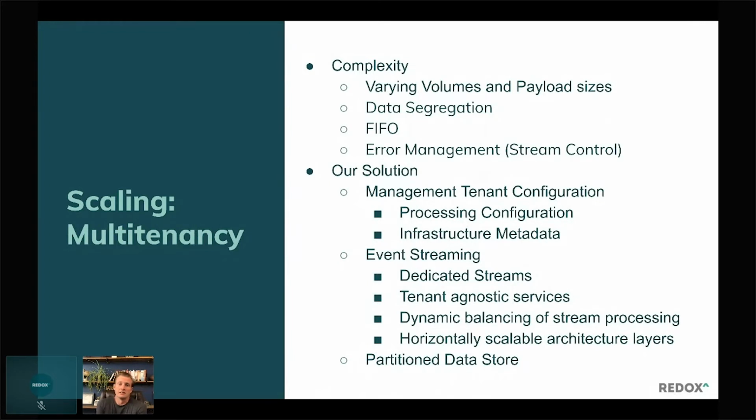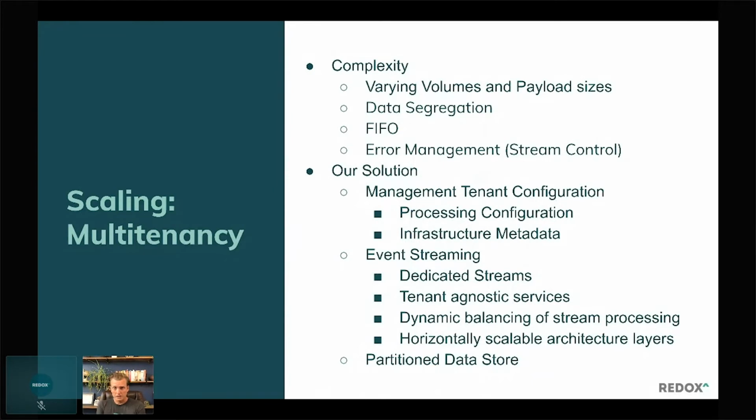FIFO. Still hard. You still need to maintain FIFO within each tenant. So doing that in a way that's performant and doesn't cause essentially strangulation of some of the lower volume feeds or smaller payload size feeds is not a simple thing.